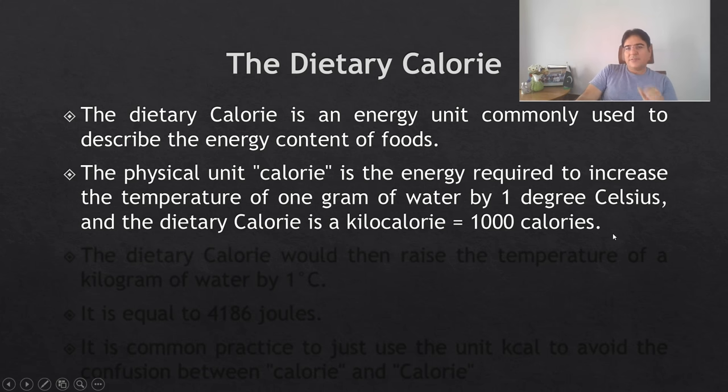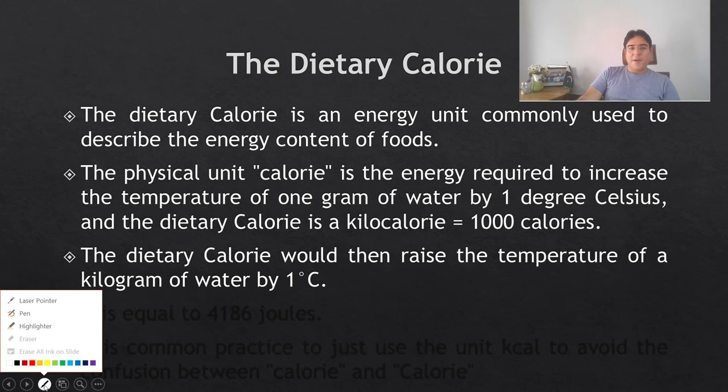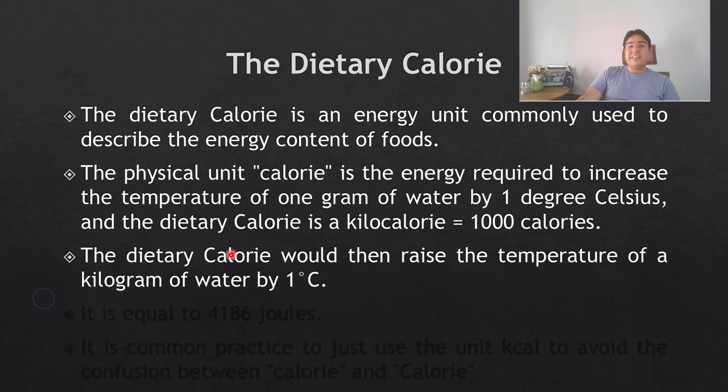You see kcal is written there, or a capital C, they are similar. So a dietary calorie will raise the temperature of 1 kg of water by 1 degree C. That's the difference. So 1 gram of water by 1 degree C, and then 1 kg of water by 1 degree C. So this is different, okay?